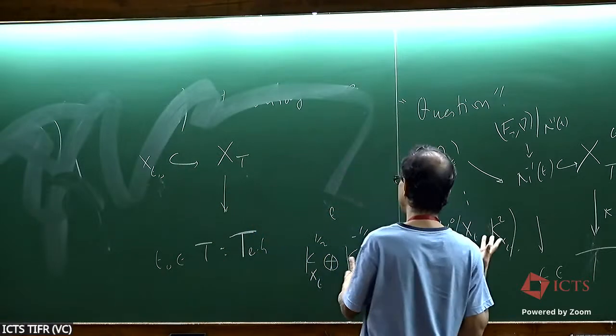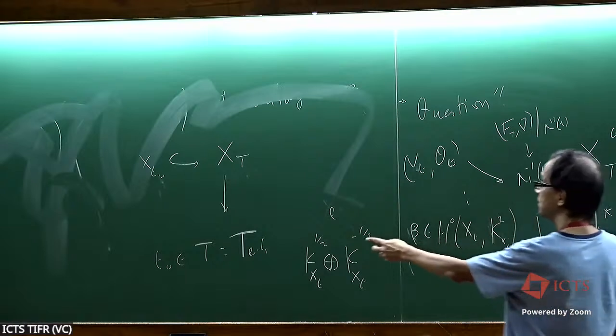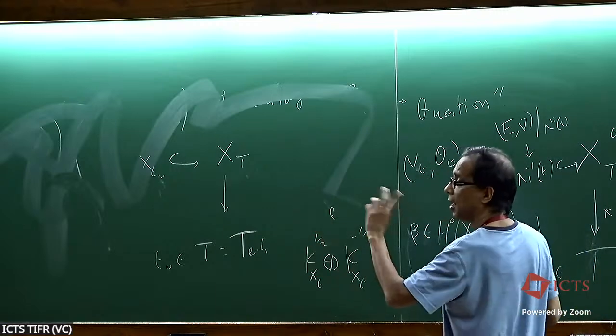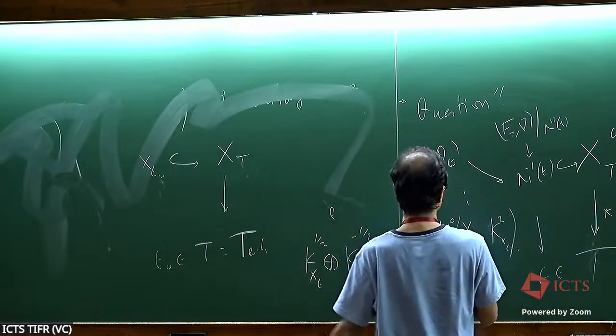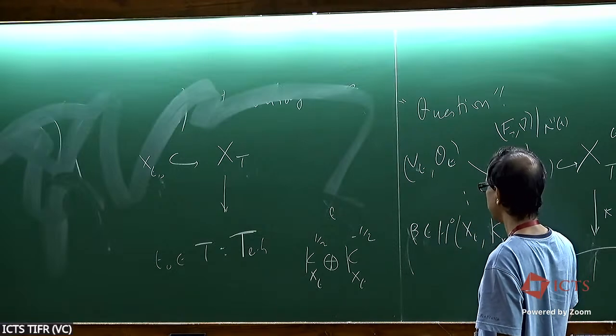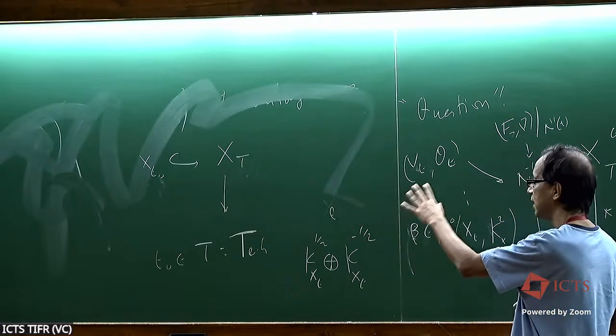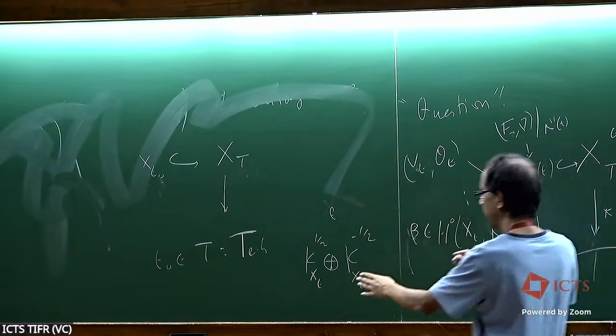And that is the Higgs bundle. But that's the theorem of Hitchin, non-trivial theorem of Hitchin. And his theorem is that this gives a diffeomorphism between Teichmuller space and this H naught of, sorry, I should say, yeah.